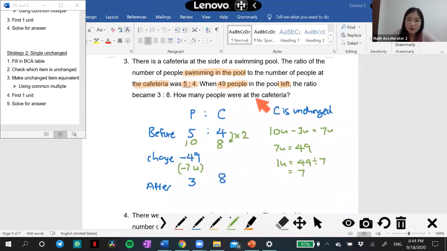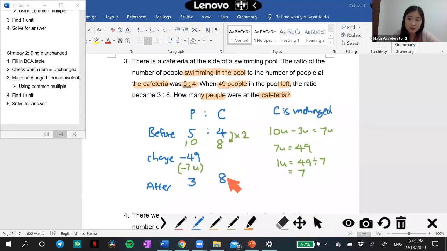How many people were at the cafeteria? Okay, so I saw some of you asking, is it before or after? Are they asking us for the people in the cafeteria before or at the end? What do you think? Or is there no difference? Yes, there's no difference.